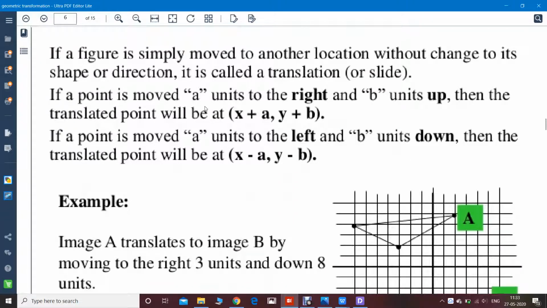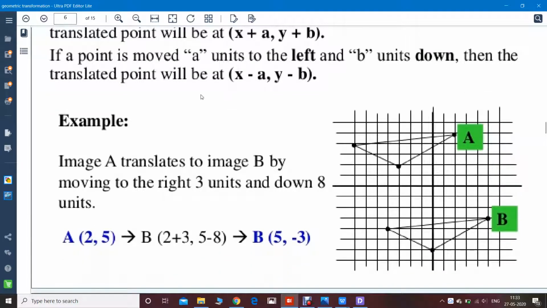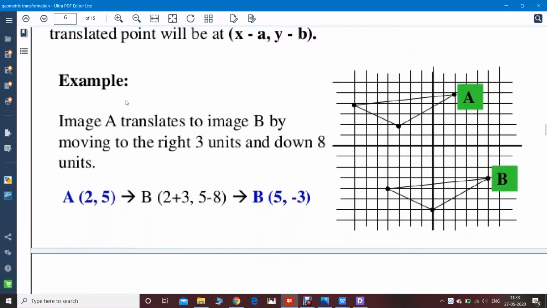If a point is moved A units to the right and B units up, then the translated point will be x plus A, y plus B. If a point is moved A units left and B units down, then the translated point is x minus A, y minus B. Example, image A translates to image B.